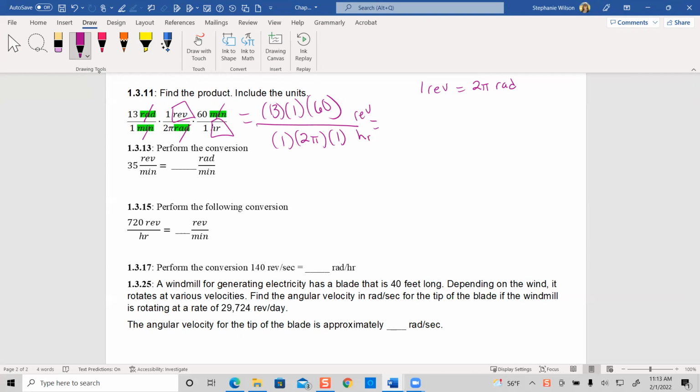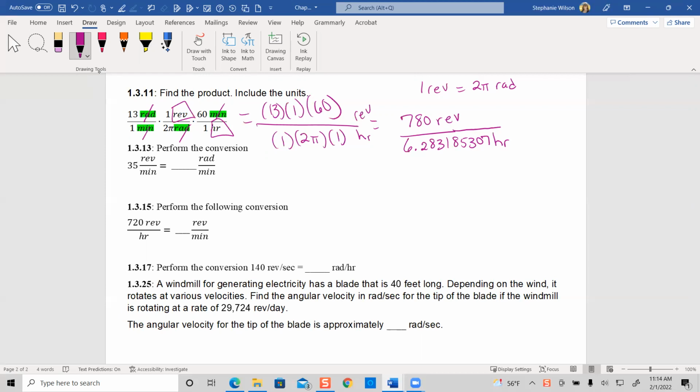So what do I have? I have 13 times 60, and it gives me 780 revolutions. When I do 2 pi, make sure in your calculator, you might have to use the shift button or the mode. It's going to give me 6.283185307. I try my best not to round because if we round too early in the middle of this process, our answer can be off by hundredths or tenths or even thousandths of a point.